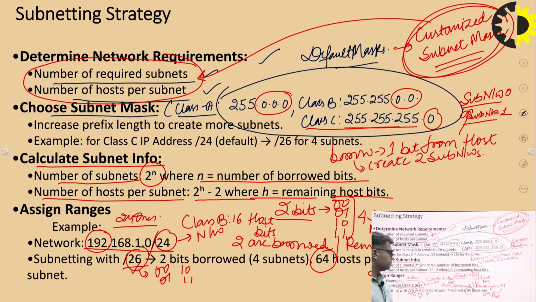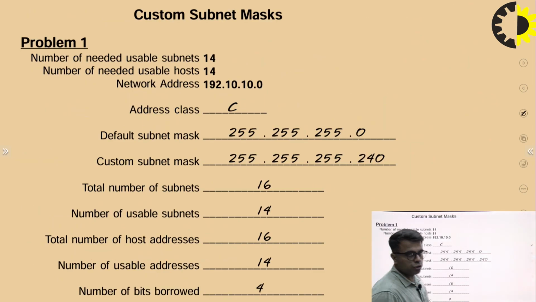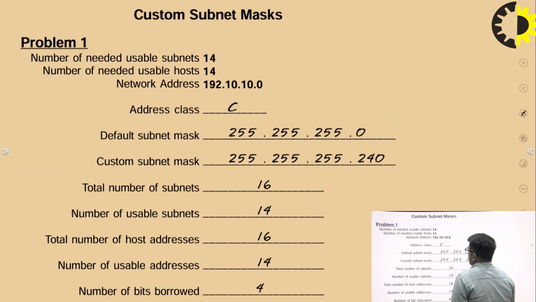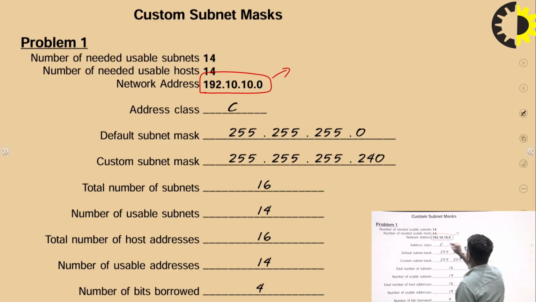Okay, so this is the basic. Now we can start with some questions. So we are provided with this network address. We can simply see from this 192 that it belongs to class C, where the default subnet mask is this.